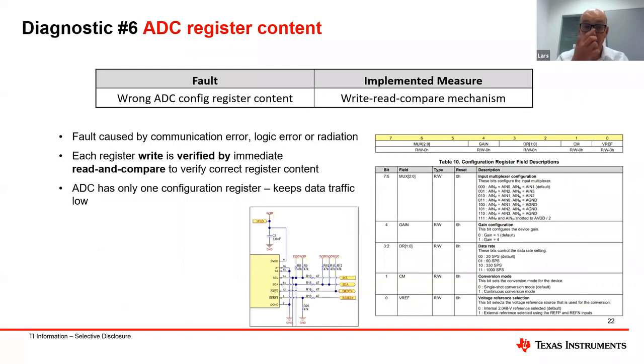So then the second last diagnostic is the register content. And here I talked already about this very simple A-to-D converter. We have indeed only one ADC register here, and a very good measure to actually test the register is just to read it back. So every time I write to the register, I read it back, and then I can be sure that what's been written is also actually inside the register.